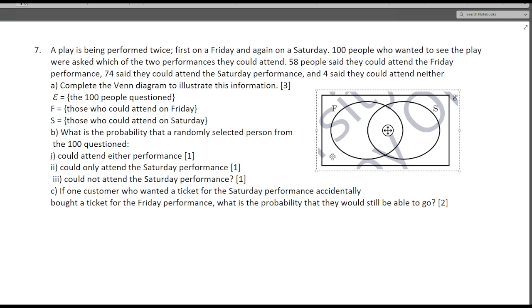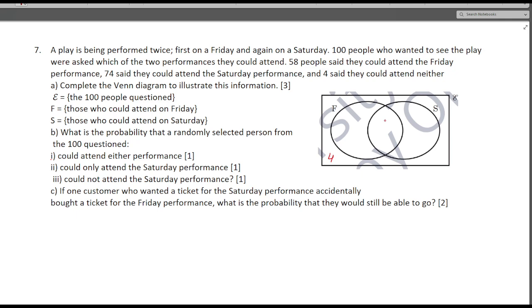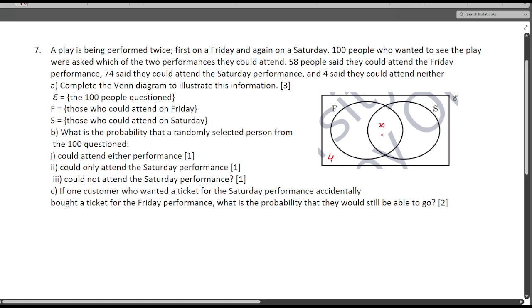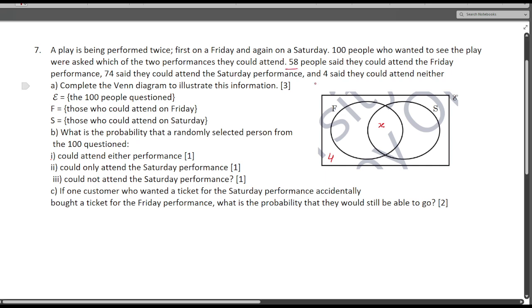So here in the Venn diagram, I will write 4 here for those who cannot attend a performance on either day. Now there could be some who can attend on both Friday and Saturday. I don't know their number, so let me consider them as X. Now on Friday, 58 people said that they can attend.